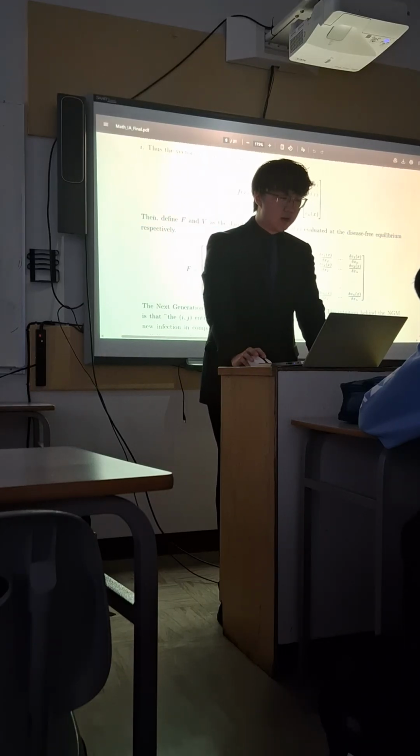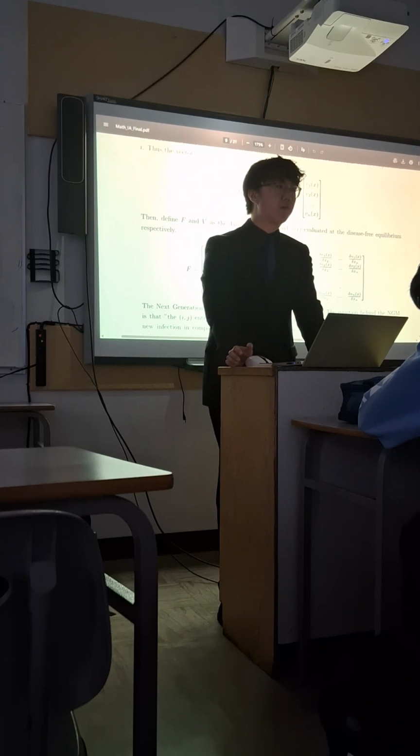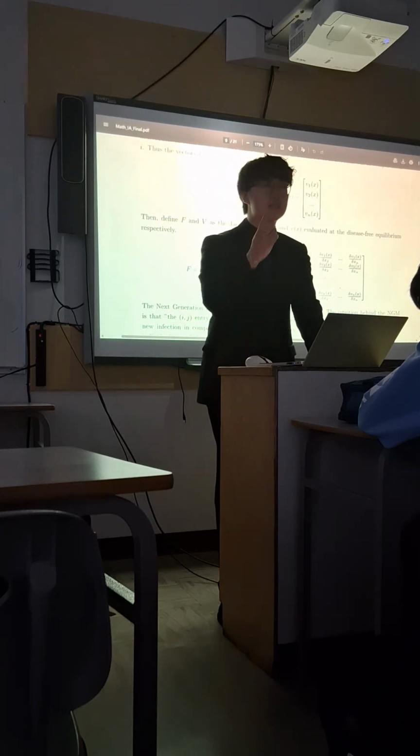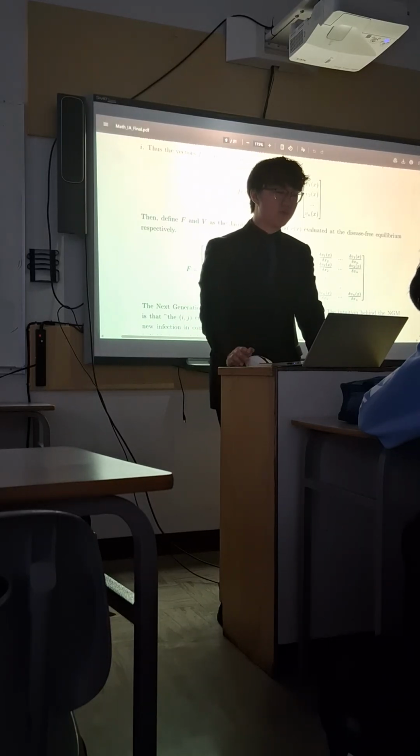And we want to find the Jacobian matrices. So what is a Jacobian matrix? Basically, we have all of these functions that are dependent on a bunch of different variables. For example, remember in our SIR model, I was dependent on S and I. It was dependent on the number of susceptible and the number of infected.